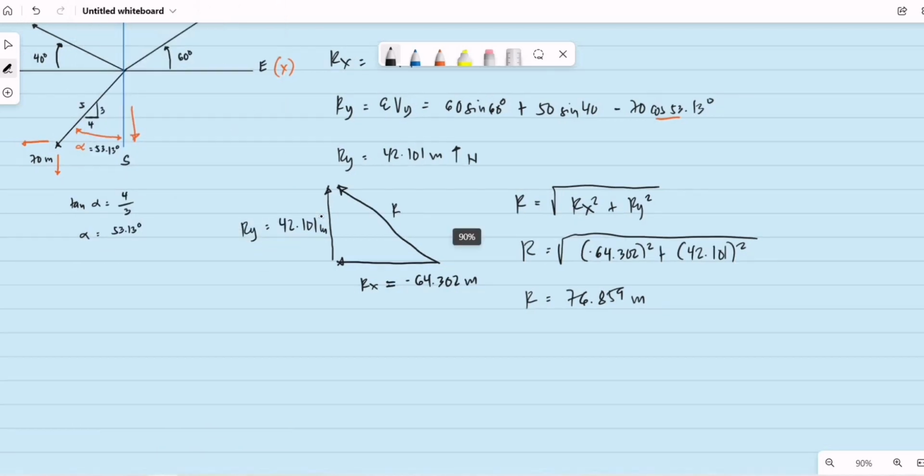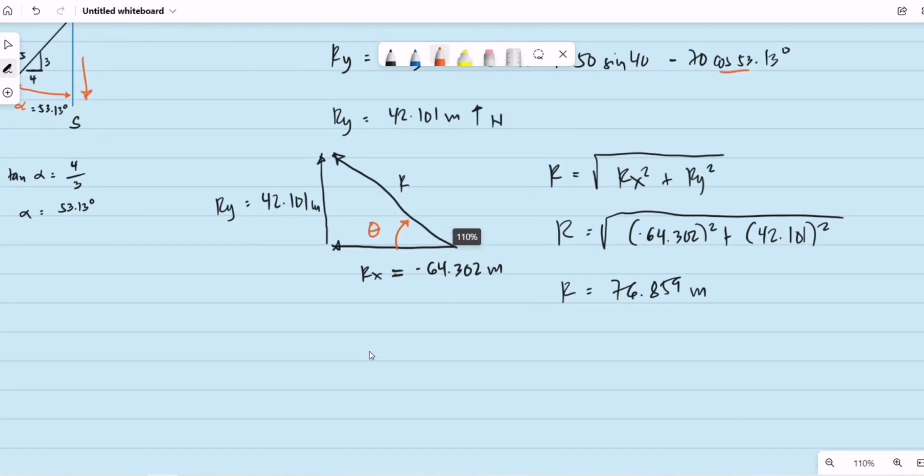Then if we are to compute for its direction with respect to the horizontal, let's say this is the value of the angle theta. How do we compute for the value of the angle theta? We may use a tangent. The tangent of theta is equal to opposite over adjacent, Ry divided by Rx. But if we are to compute for the value of angle theta, we should use the absolute value since we have a negative component here.